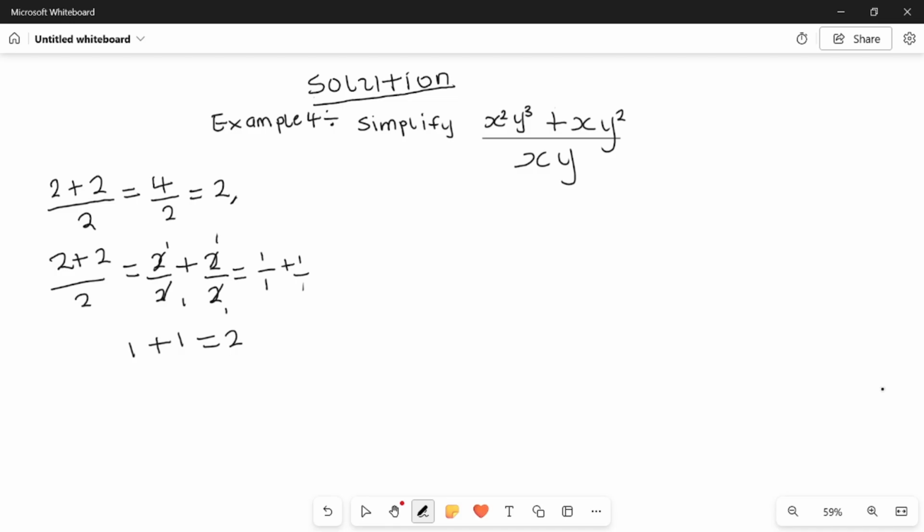So either we go direct 2 plus 2, 4, divided by 2 and get our answer, or we separate them, that's 2 over 2 plus 2 over 2, divide again and get 1 plus 1 and get our answer. So if we apply this principle here, we have that this can be rewritten as what?